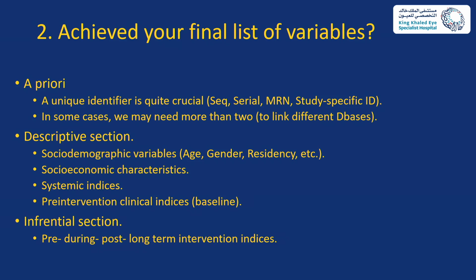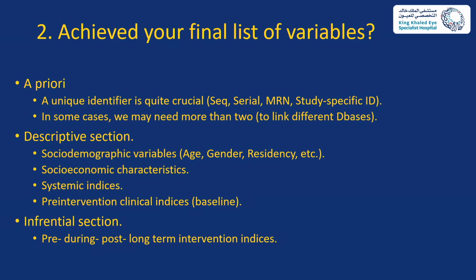Select your systemic indices. For example, our friends and colleagues usually have a set: hypertension, diabetes, bronchial asthma, chronic heart diseases. Don't go for a ready-made set because it's not a routine thing. You are doing research.